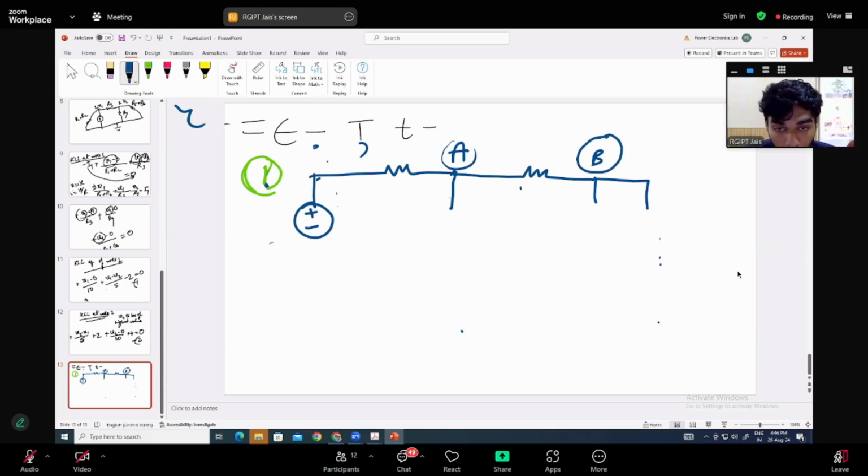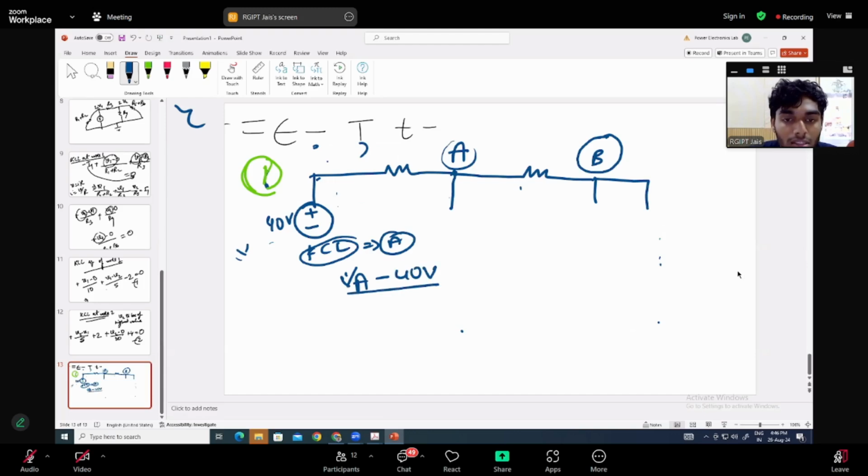So at node A, I'm applying KCL. At node A, VA minus 40 volt, since this voltage is 40 volt, divided by the resistance. We know that current is equal to voltage divided by resistance, so I'm doing the same here.